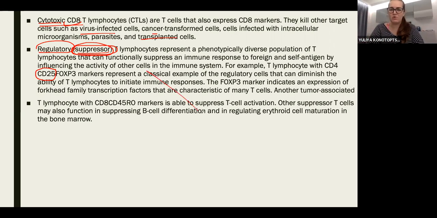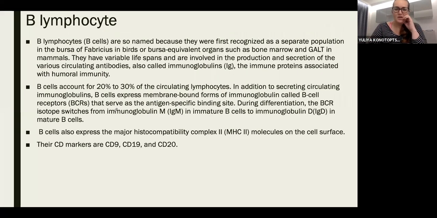In the book, they wrote you this part. I apologize, every year I forget to remove it. It's not needed, okay? So they never ask you. There's a specific marker, but it doesn't matter. B lymphocytes, why do we call it B lymphocytes? Because they originate in the bursa of birds. That's where they originally found them.